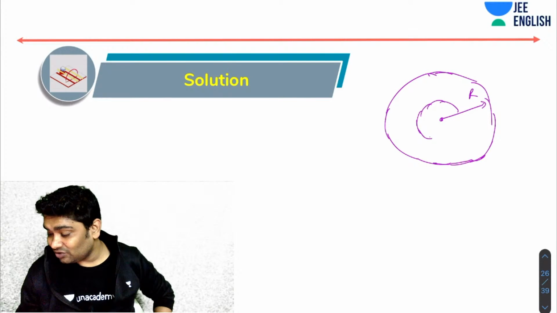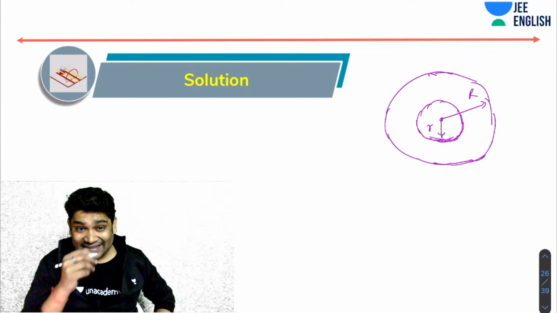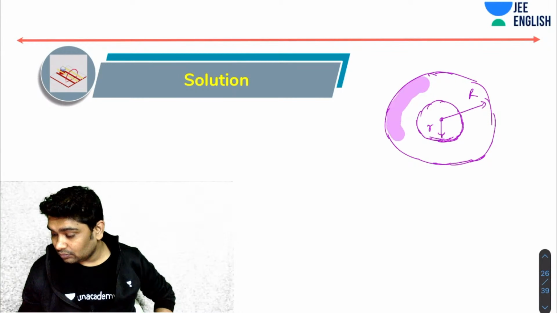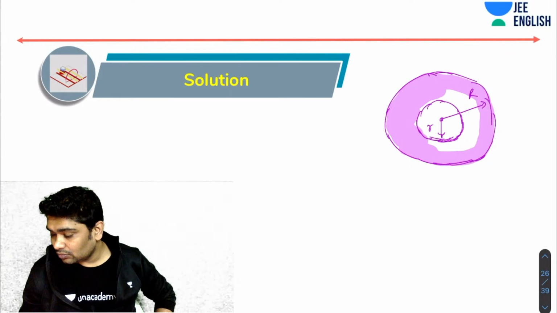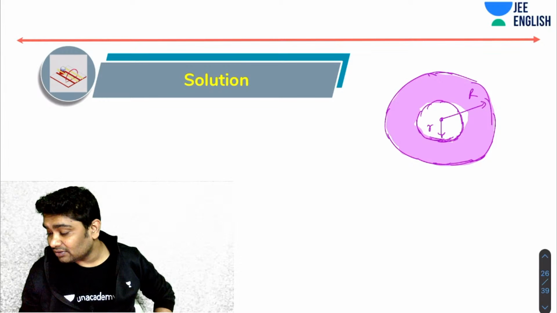So this is what you would have had. This is what your thing would have looked like. A sphere of radius capital R having a hole of radius small r in it. That is the question.